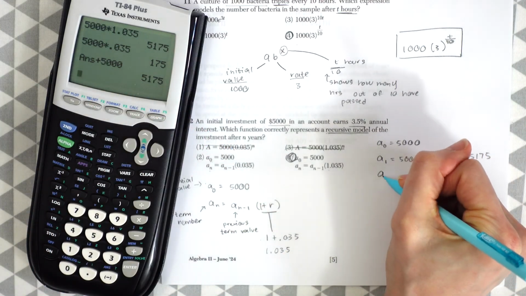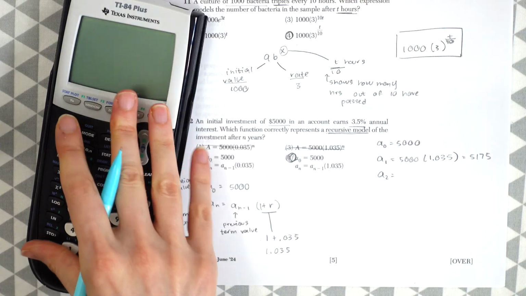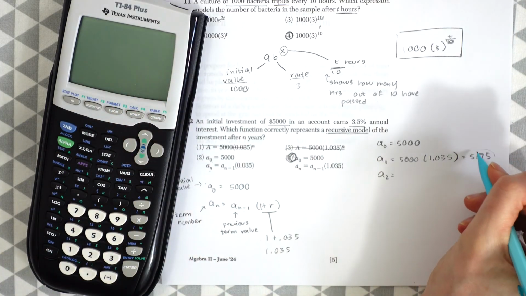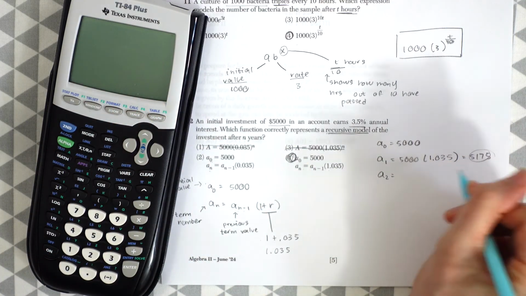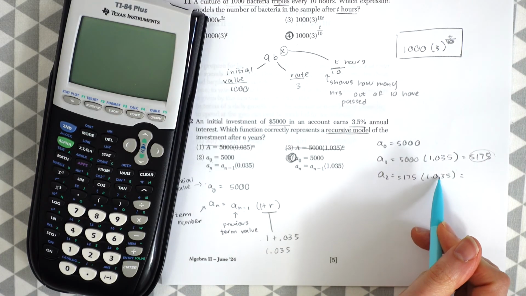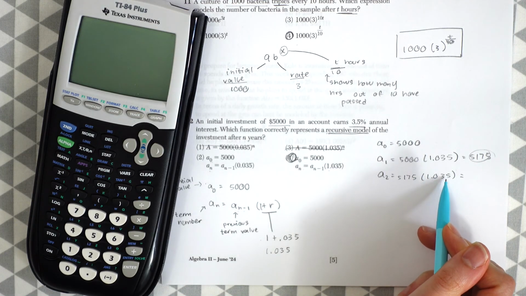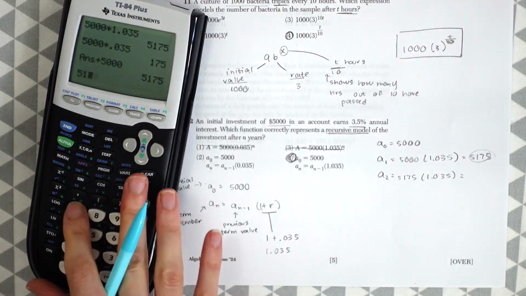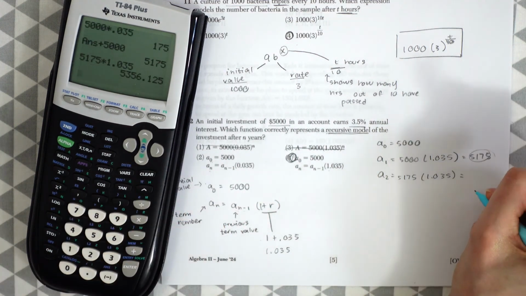So let's keep going just to see how recursive formulas work and check everything out. We're taking the previous term, which is now 5,175, and then multiplying it times that 1 plus r rate, and we get 5,356.125.